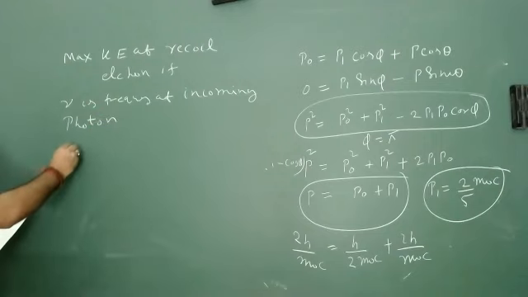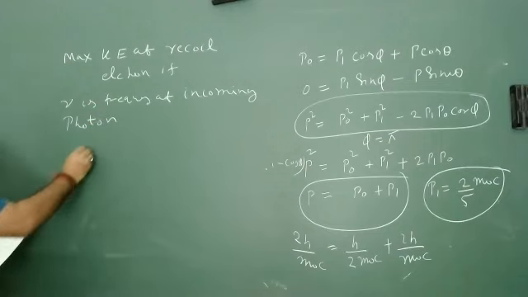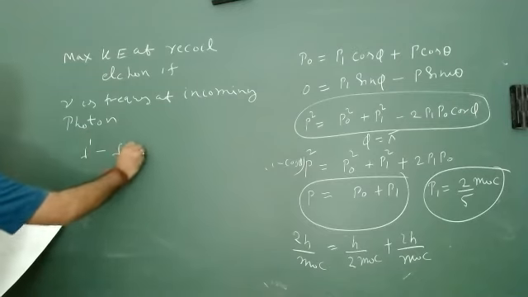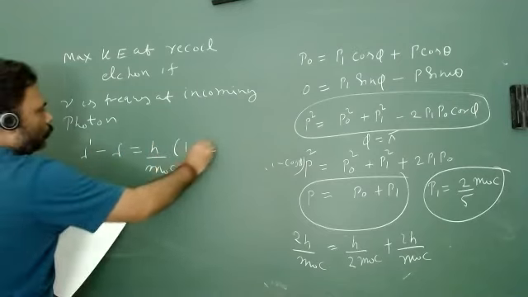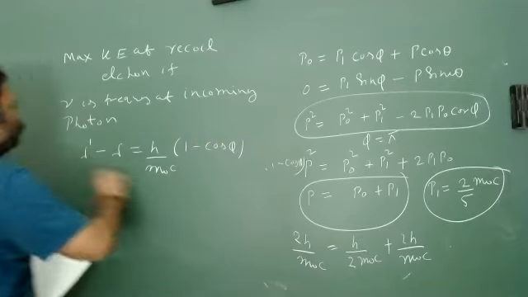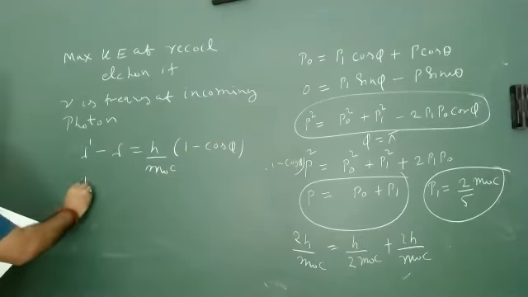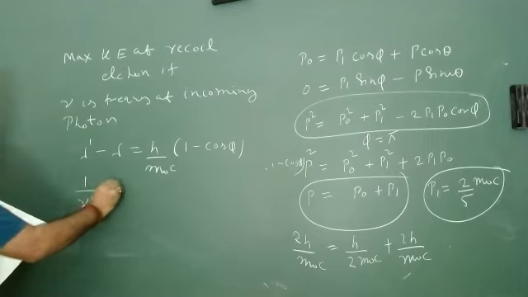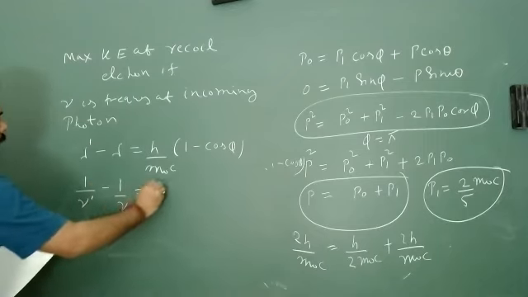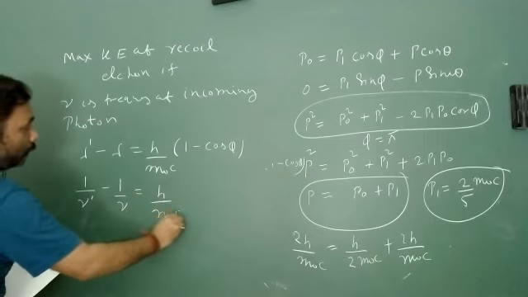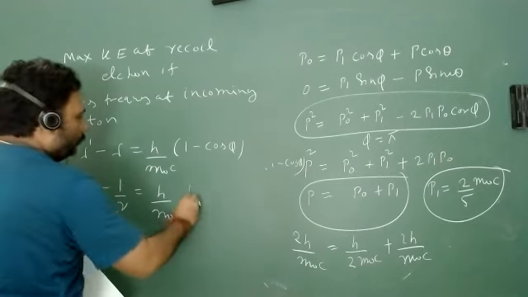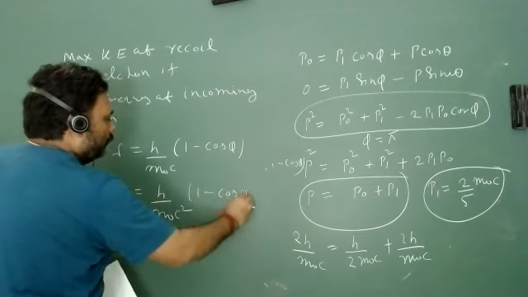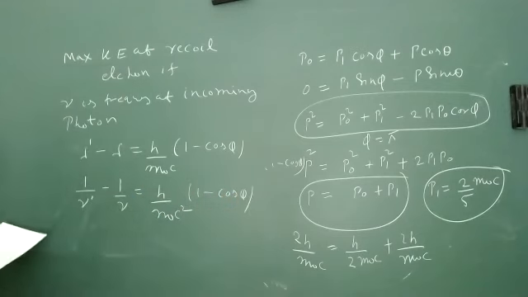You have the formula lambda dash minus lambda is equal to h upon m naught c times 1 minus cos phi, but in terms of nu you can write 1 upon nu dash minus 1 upon nu is equal to h upon m naught c square, because you have to know the relationship between nu and lambda. So that will be 1 minus cos phi, and from here you can find the value of nu.